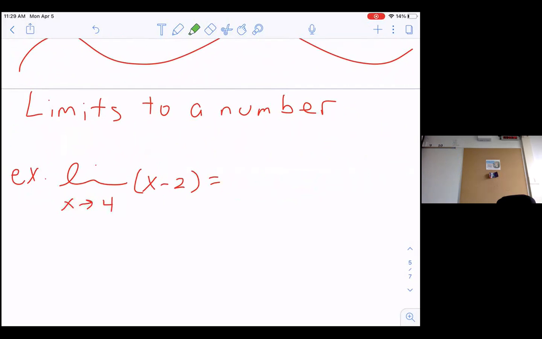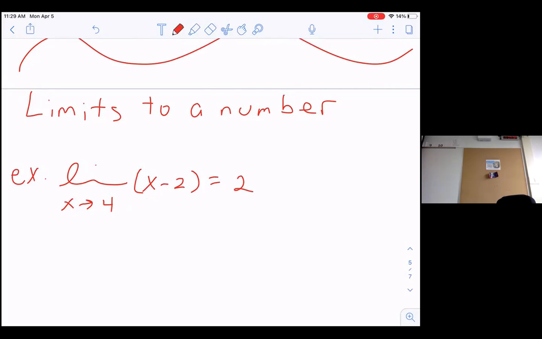This is an easy one. When you're trying to find the limit to a number, the first thing you should always do is just try and plug the number in. Sometimes that works. In this case, it does. All I'm going to do is take 4 and plug it in. 4 minus 2 is 2. That's our answer. Okay, just plug it right in.